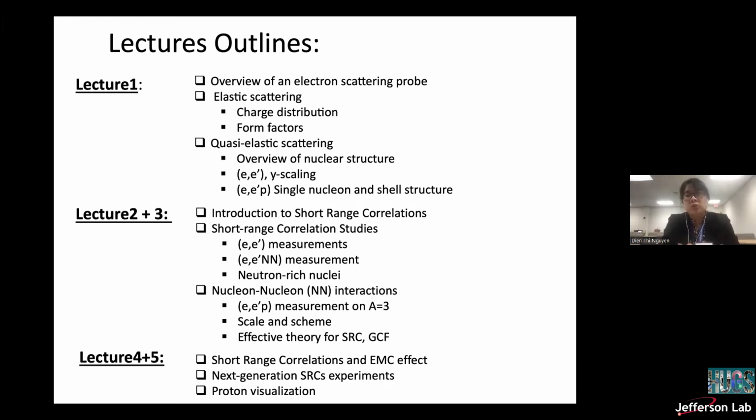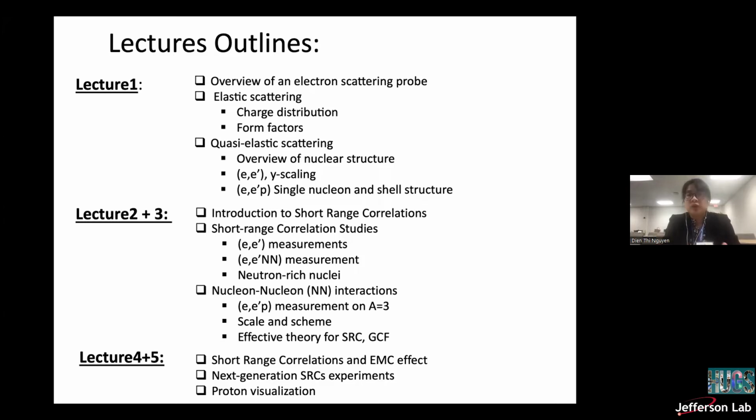That's the only probe we are using and discussing in these lectures. We will also have an overview of some of the physics channels, like elastic scattering, and I will give some examples of what we can do with elastic scattering.